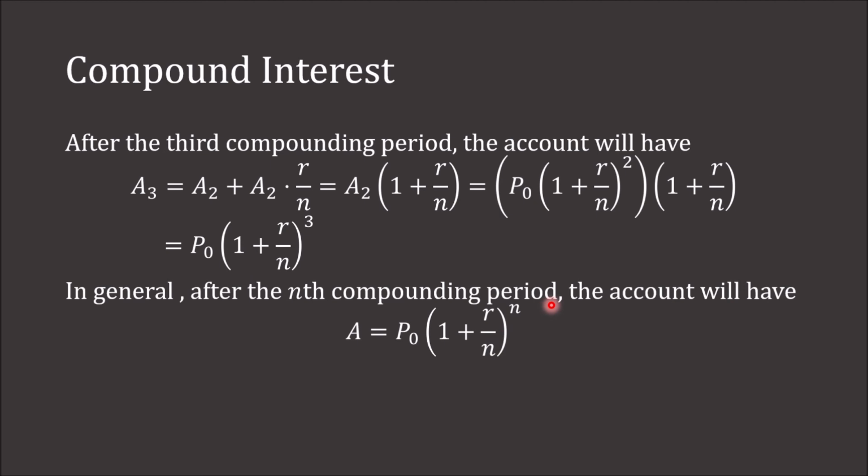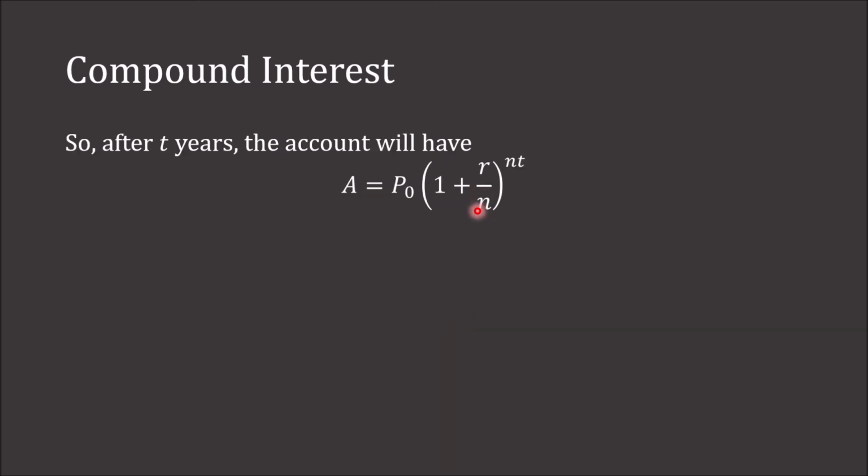So after T years, right, so this would be after 1 year. After T years, we just raise this whole thing, this part here, to the tth power. So it would be A equals P naught times 1 plus R over N all to the NT.